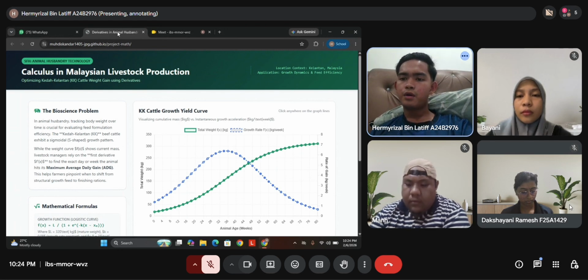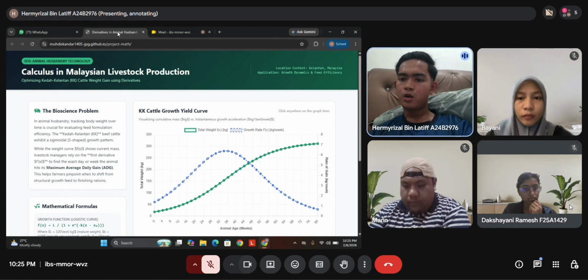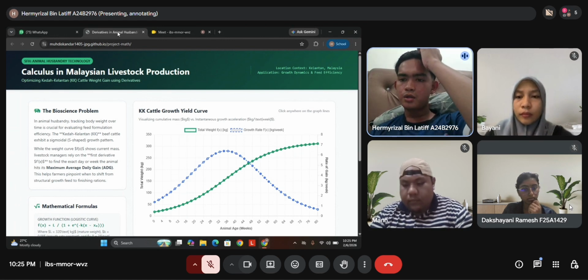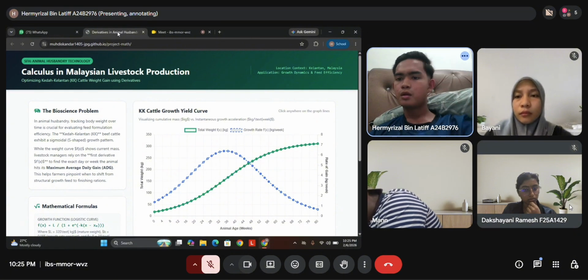The green curve represents the total weight in kilograms. Notice how it starts slow, then starts leveling off as the cattle approach the mature weight of around 310 to 322 kg.